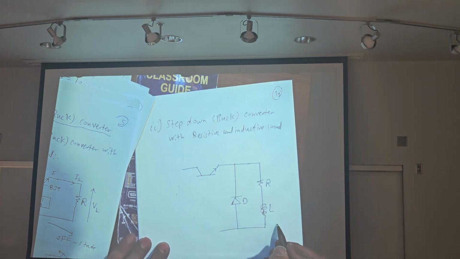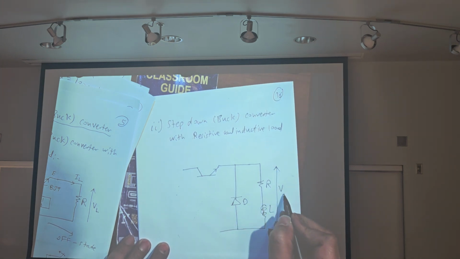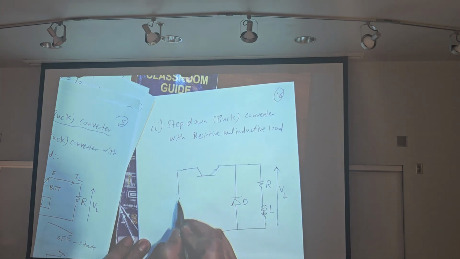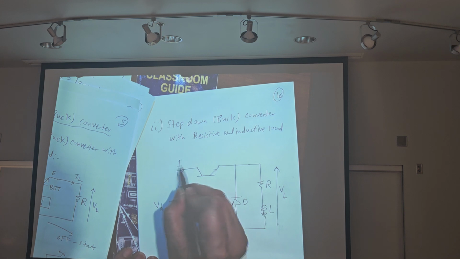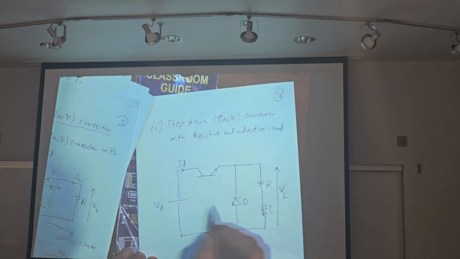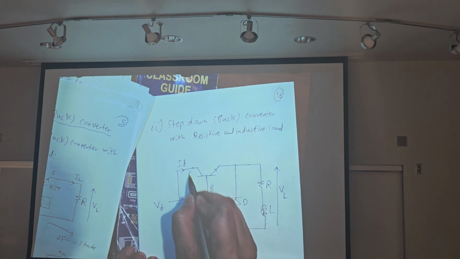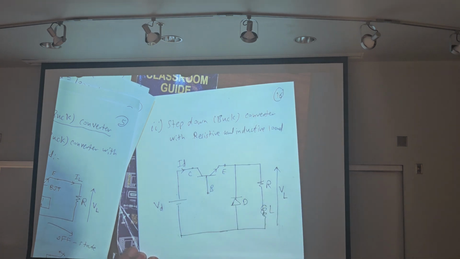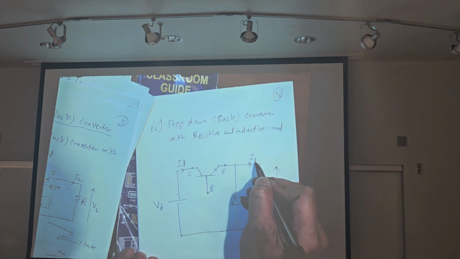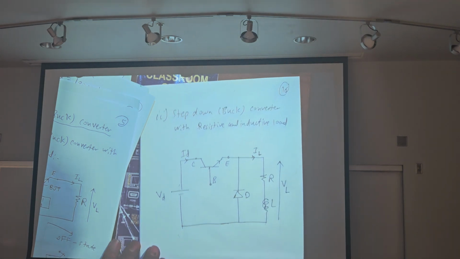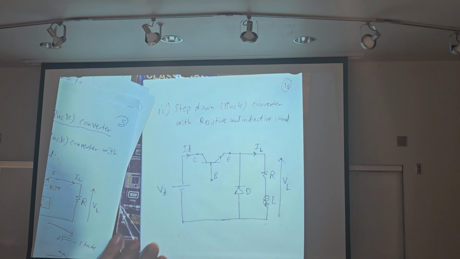This is the diode, this is V L, V D, this is I D. This base, this collector, this emitter, and this is I load.